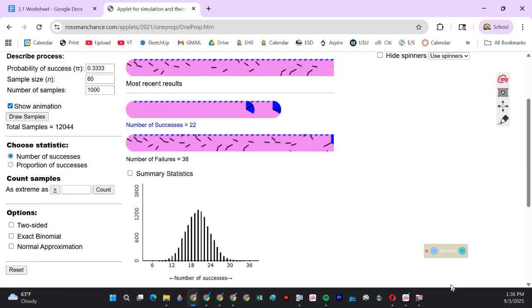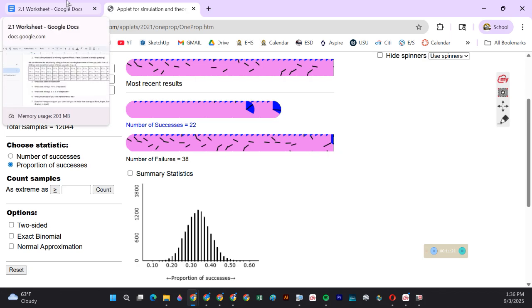Okay, number 10. We have this option over here that allows us to choose the statistics. I can either choose the number of wins, or I can choose the proportion of wins. Which one makes more sense?